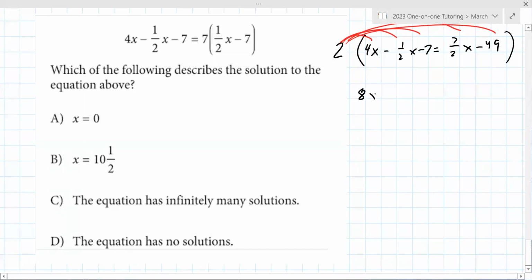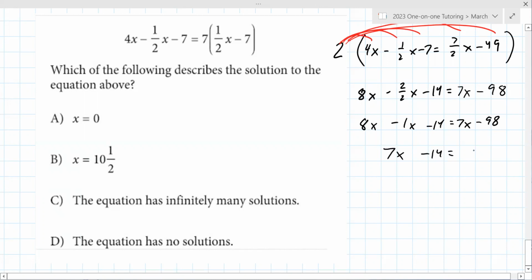So that's 8x minus 2 over 2x minus 14 equals 14 over 2x, which is 7x minus 98. All right, so this one here, you got 8x minus 1x minus 14. So this becomes 7x minus 14 equals 7x minus 98.